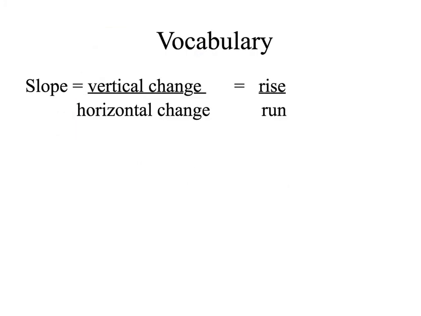So if the rate of change is constant, then it makes a straight line, and then we can figure out the slope. The next vocabulary is slope, which is the vertical change, on the y-axis, divided by the horizontal change, on the x-axis, which is the exact same thing as rate of change. But this is what you really want to focus on: rise over run.